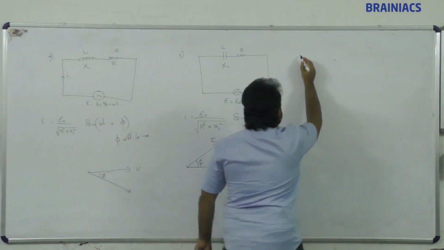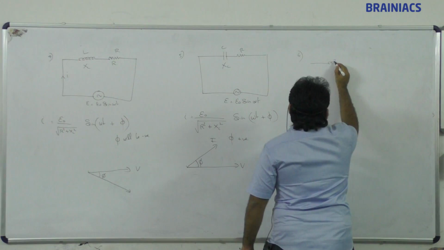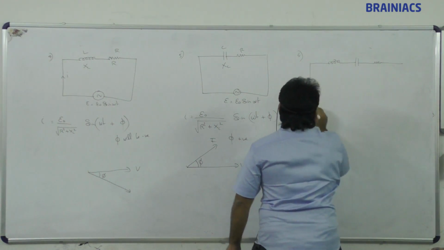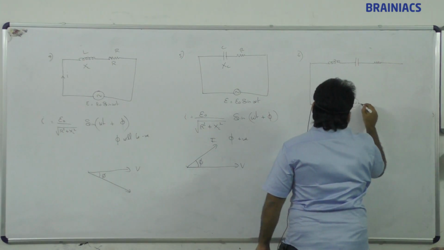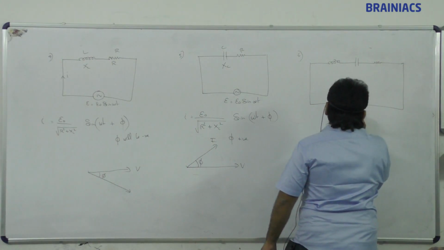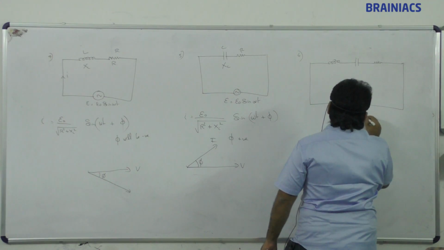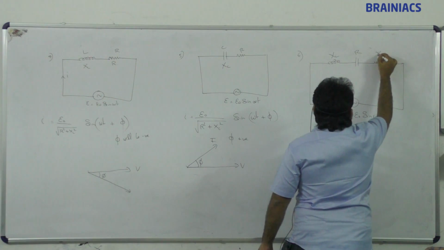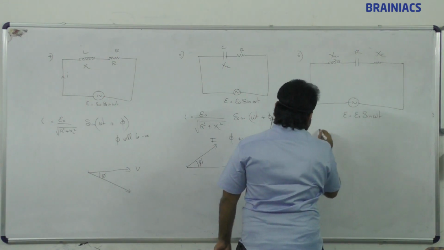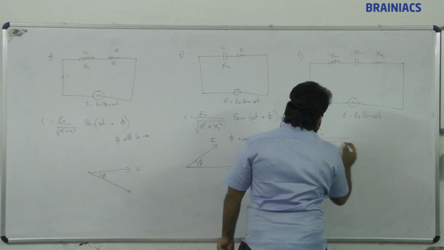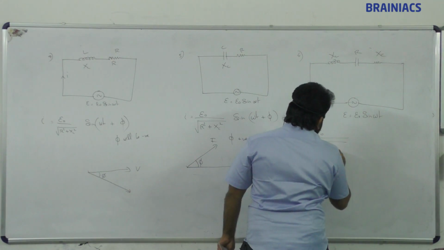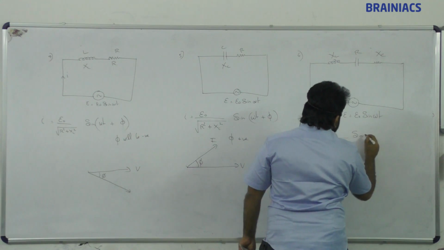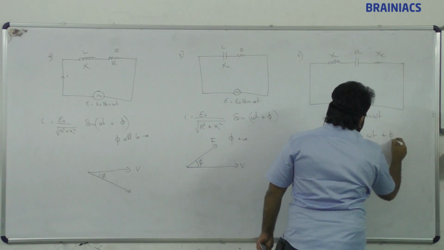Okay, so last, the LCR circuit. E is equal to E naught sin omega t, with X_L, R, X_C. So I is equal to E naught divided by root of R square plus X_L minus X_C the whole square, sin omega t plus phi.